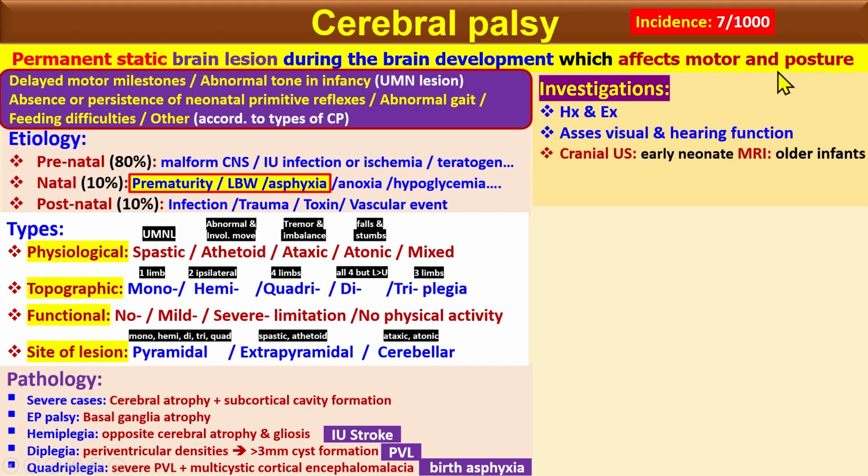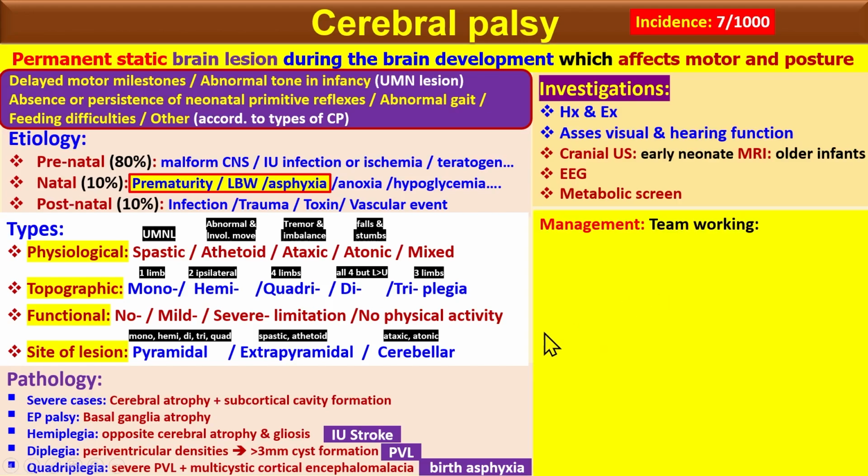Okay, and you go for ultrasound if there is an early neonate presentation, and go for MRI if it is an older infant. Okay, and also go for EEG to check the brain activity, and we need to do a metabolic screen to assess any metabolic abnormality which is contributing toward the cerebral palsy.